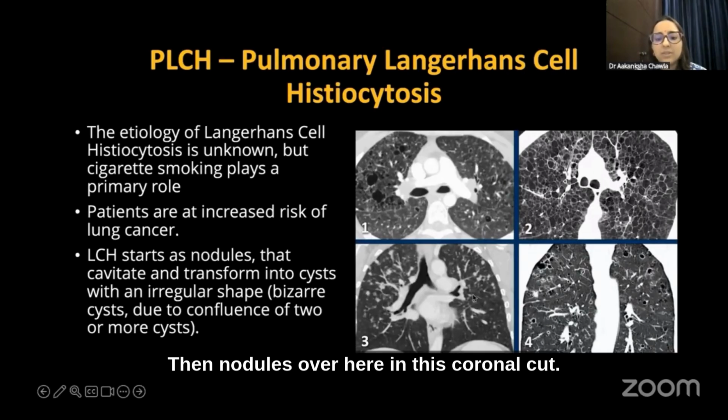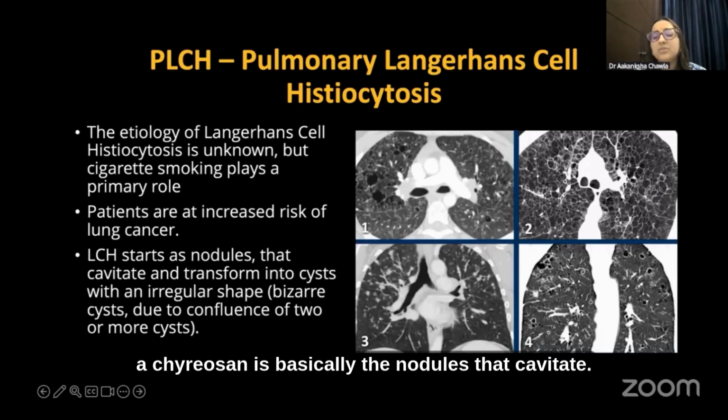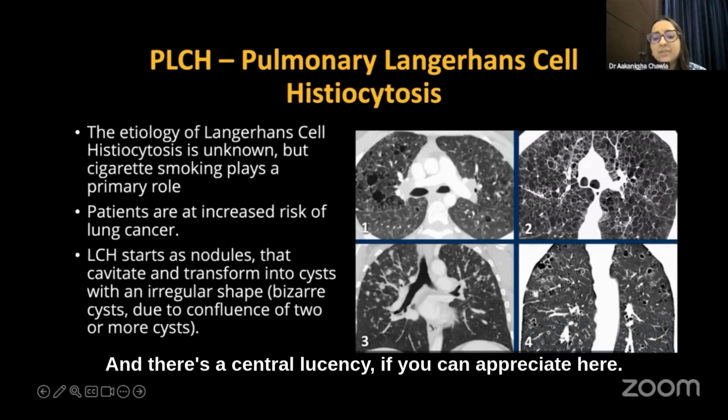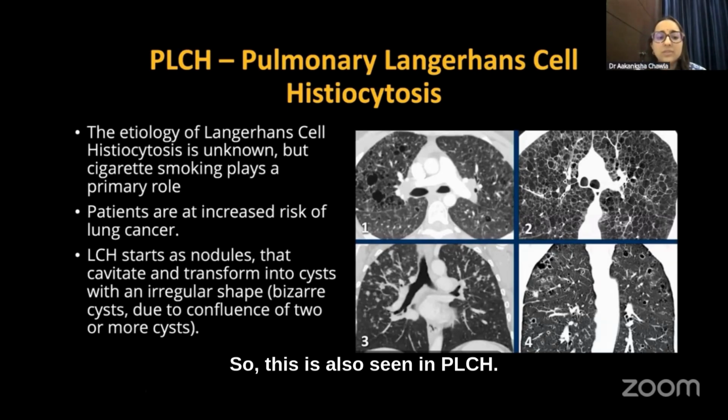Then nodules over here in this coronal cut. And if you look here, there are bizarre looking cysts and nodules, and there's also something known as a Cheerio sign. So Cheerio sign is basically the nodules that cavitate, and there's a central lucency, if you can appreciate here. And this is because there's a patent bronchus. So this is also seen in PLCH.